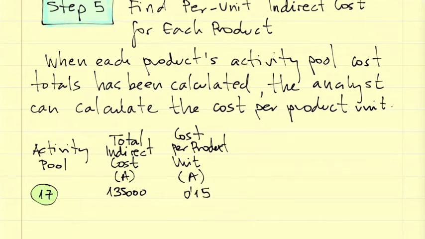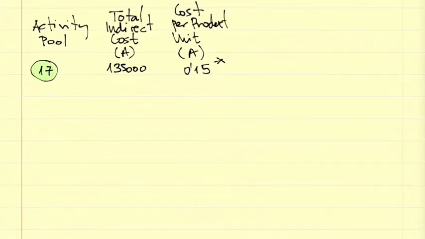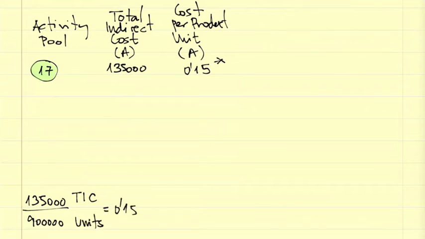Okay, this is just dividing 135,000 by 900,000. This is the total indirect cost divided by the number of units. It gives 0.15.